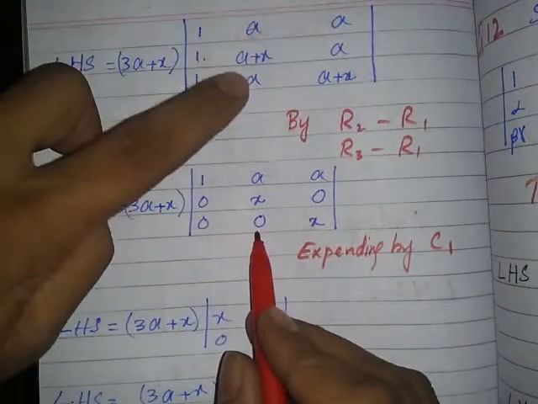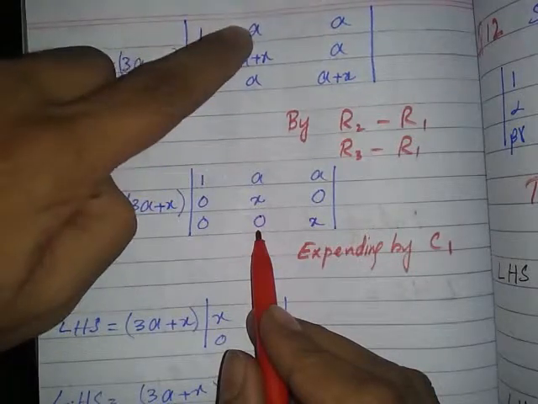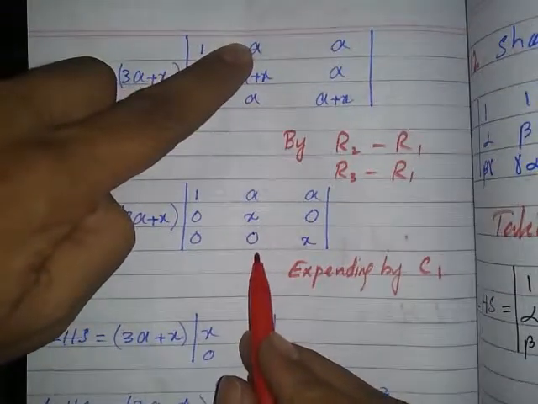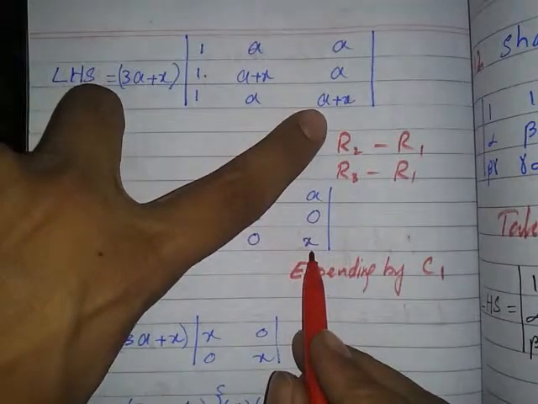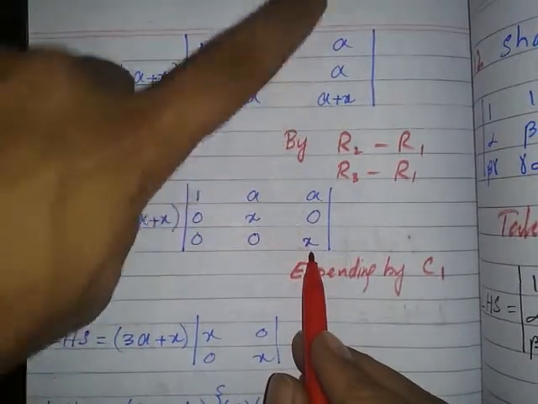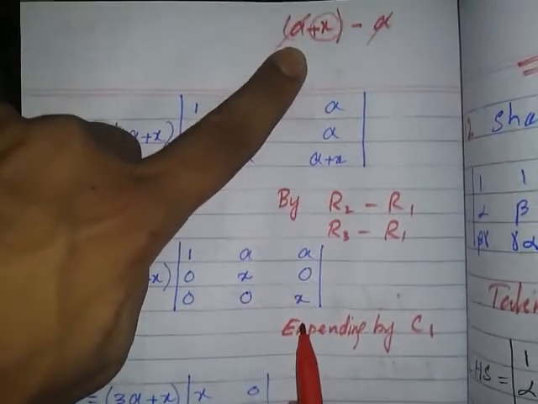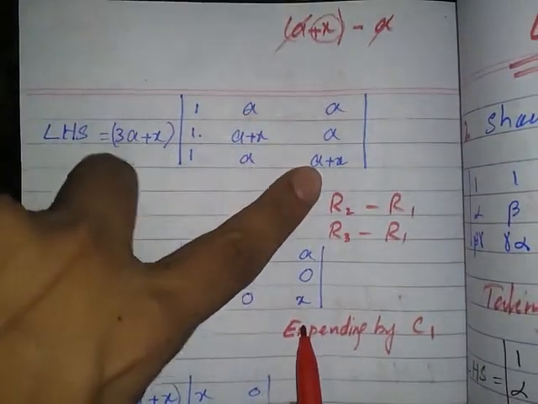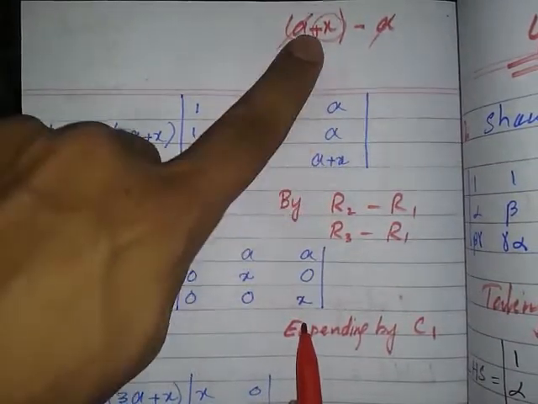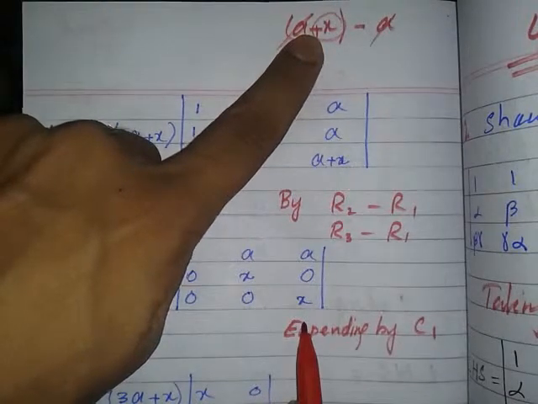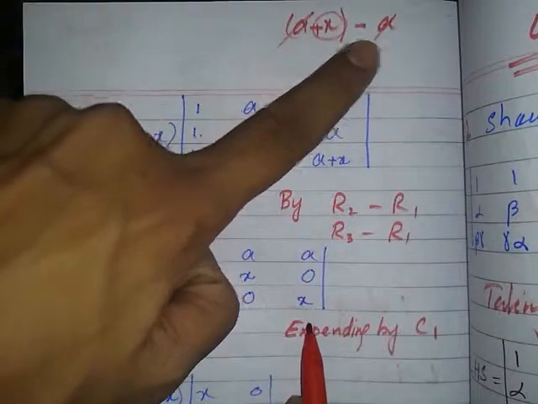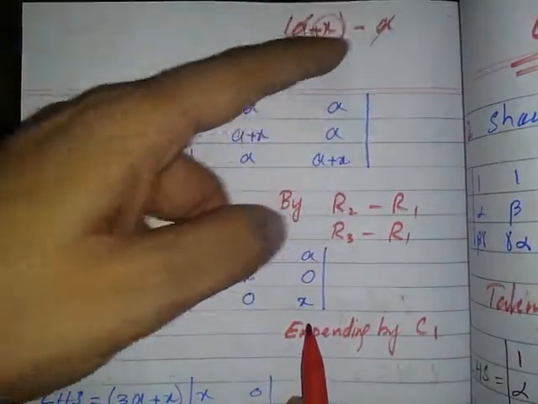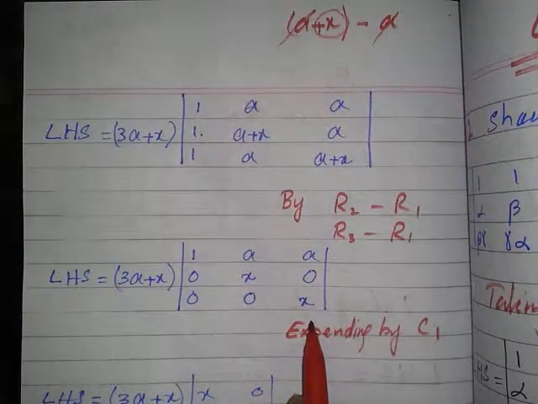Row 3 minus row 1 is 0. Again the same case. Row 3 element is a plus x and row 1 element is a. By subtracting, a is cut, x remains only.